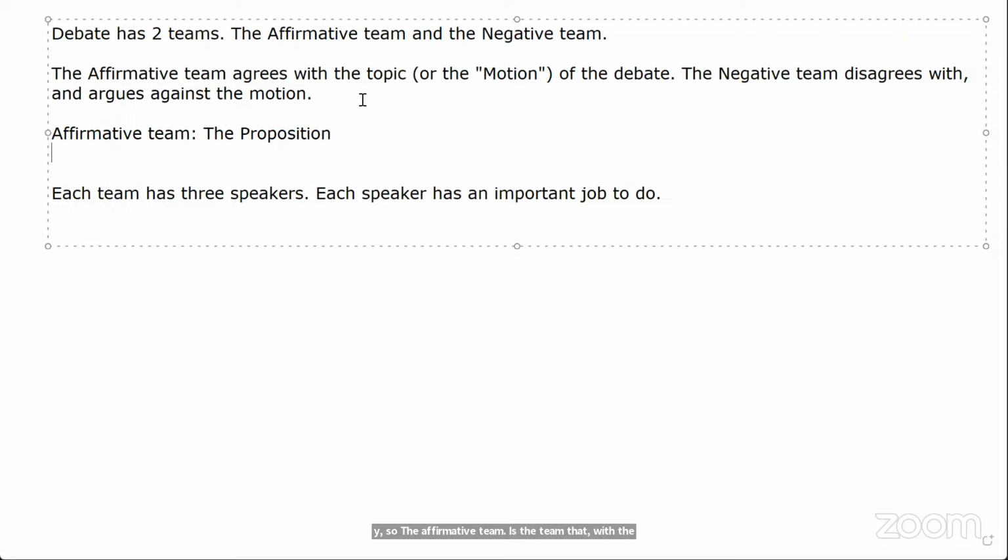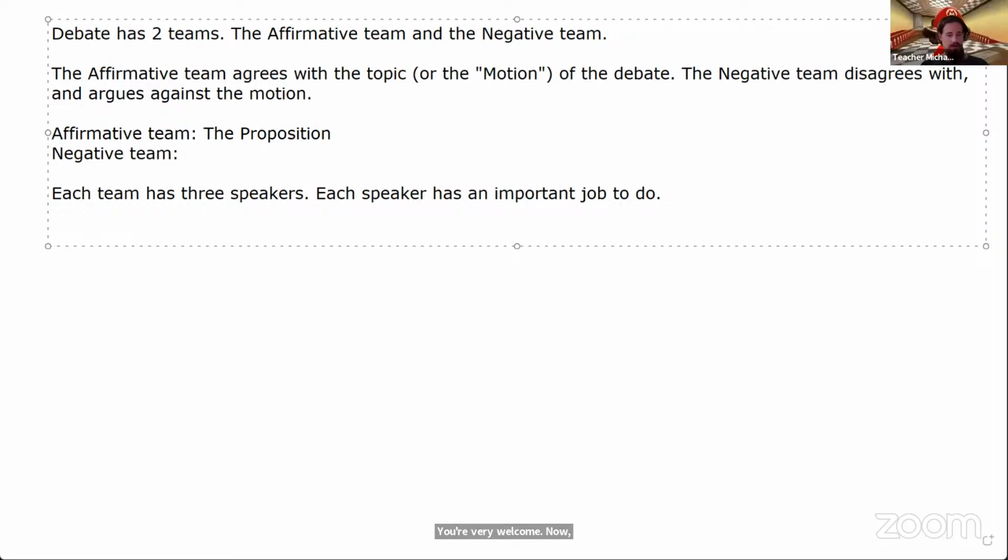So when you are affirmative, that means you agree. And if you are negative, that means you disagree. So that's just another way of identifying the teams, whether they agree with or disagree with the topic of the debate. Thank you. You're very welcome.